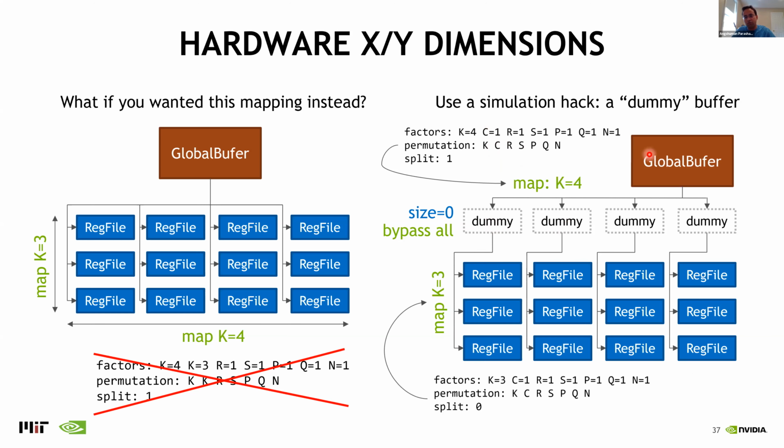One mapping block as you go from the global buffer to the dummy, in which you can do your K equals 4 mapping, but split equals 1. And then you've got this other mapping block that goes from dummy to the register files, in which you can give your K equals 3 and split equals 0, so that everything goes into Y, right? And so we just created this artificial level in order to give us access to another block.